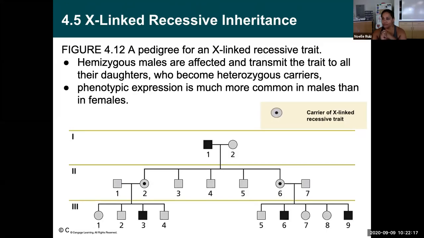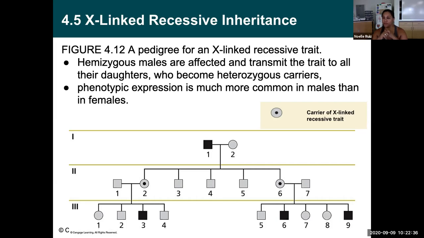And there's an example. This one should be recognizable, this type, because the carriers are marked a certain way. Homozygous males are affected and transmit the trait to all of their daughters. Their daughters become carriers.